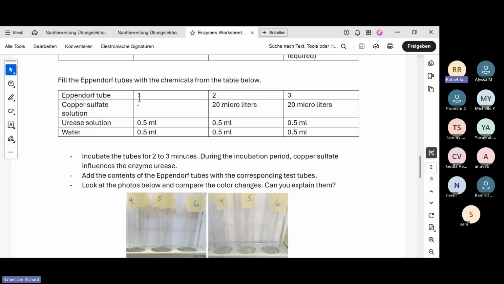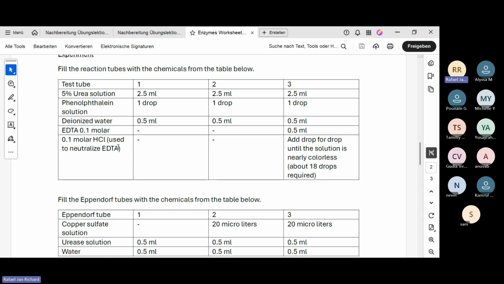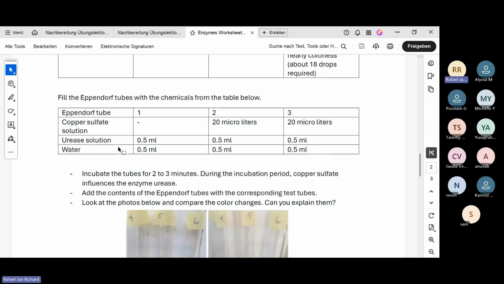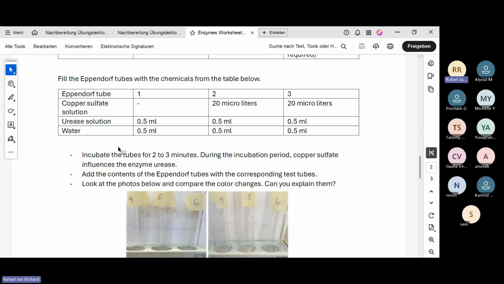Here you just have, from left to right, the same reaction tubes, but with different numbers. So 1 is 4, 2 is 5, and 3 is 6. And what also happens if you add EDTA, which is a chelator that can neutralize the copper sulfate molecules.